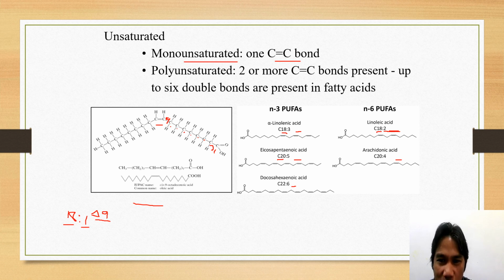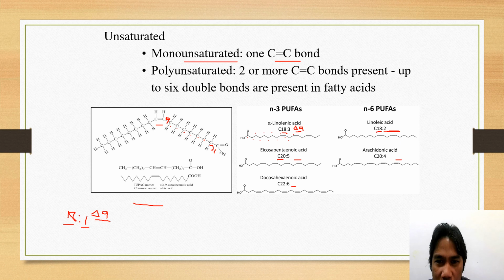For linolenic acid, the number notation is 18:3, but if you are going to assign the positions of the carbon atoms, this is 1, 2, 3, 4, 5, 6, 7, 8, 9. So 18 carbons, colon 3, delta 9, 10, 11, 12.